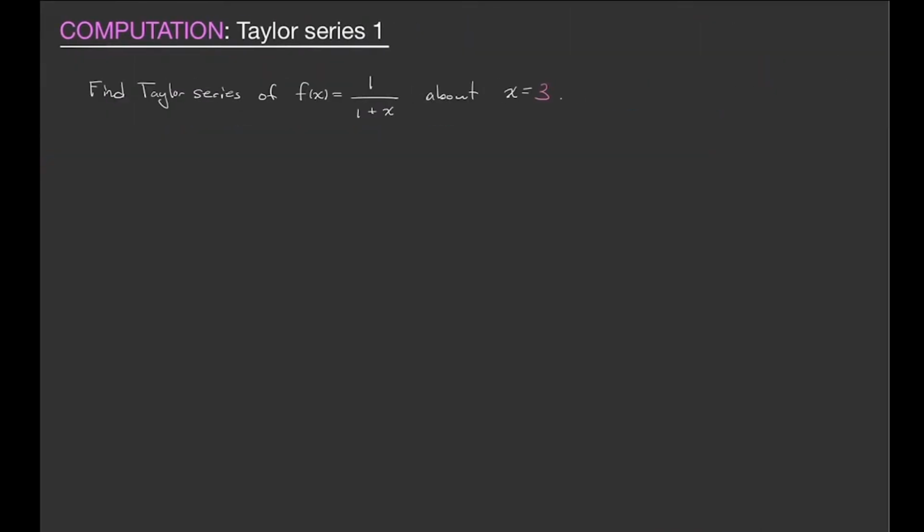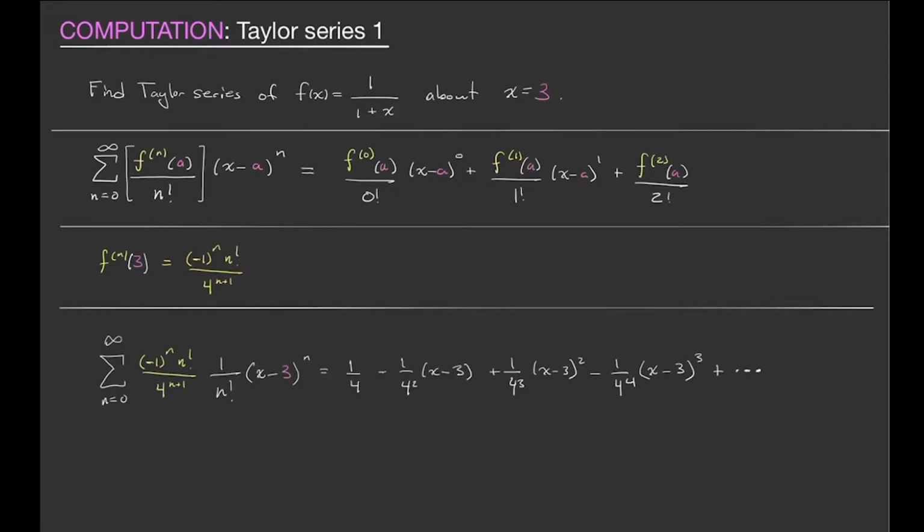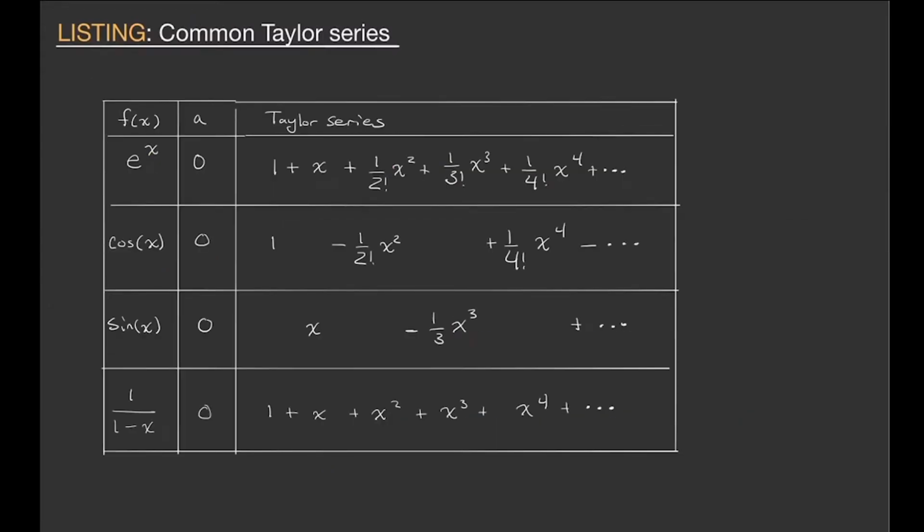So what we've said so far is that around 3, this function has the Taylor expansion as a general formula like so, and then we found in particular the nth derivative evaluated at 3 looks like this. Therefore, if we go ahead and we use that formula, we can say the Taylor expansion is this in its compact form, and if we start writing out the terms, it looks like this.